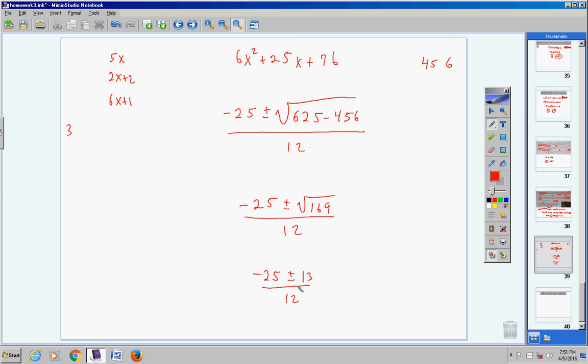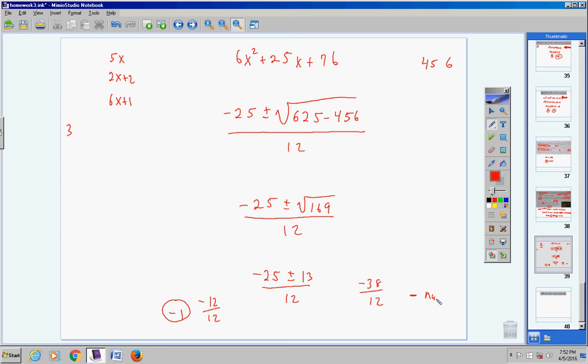So now let's break this down. Negative 25 plus 13 would be negative 12 over 12, which is negative 1. And then negative 25 minus 13 would be negative 38 over 12, which I'm not sure exactly what that gives me, but it gives me a negative number.